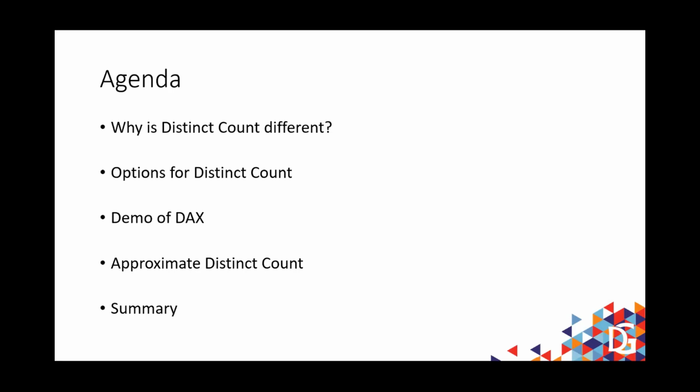So, as I mentioned, in my role in the CAT team with Microsoft, I quite often spend time with large enterprise customers, and it's not unusual for them to show me a report and say, hey, this is running really slow. When I dive down into it and start having a look at the components of the report, I discover that there's a heavy use of distinct count calculations within that report.